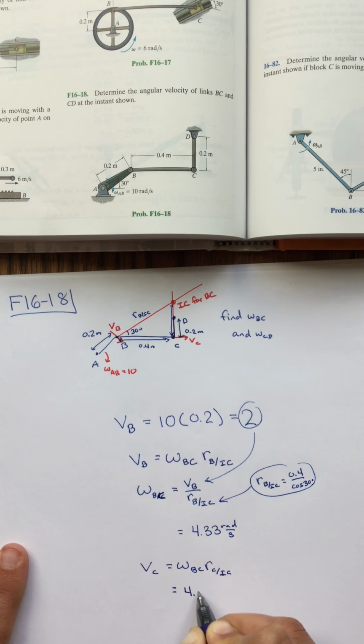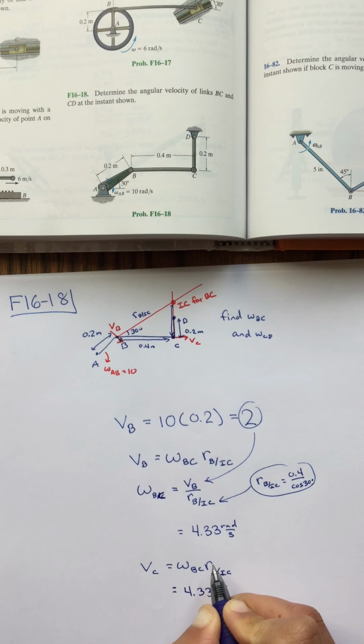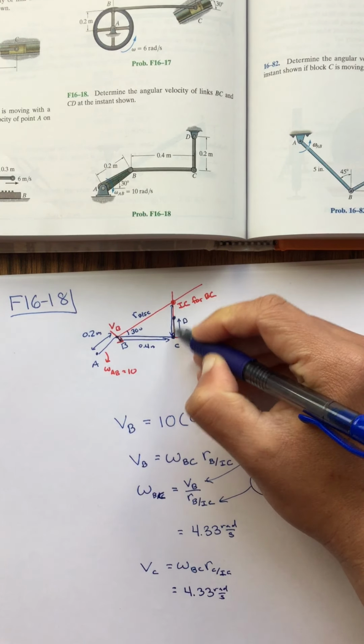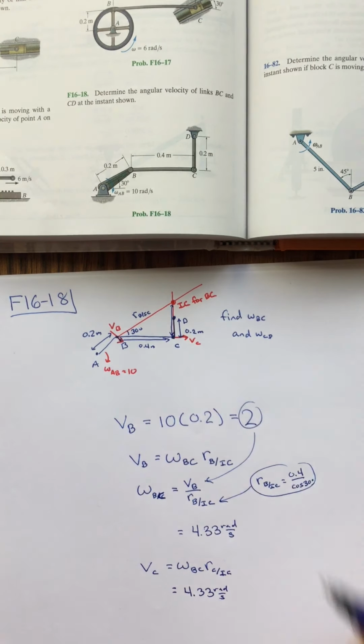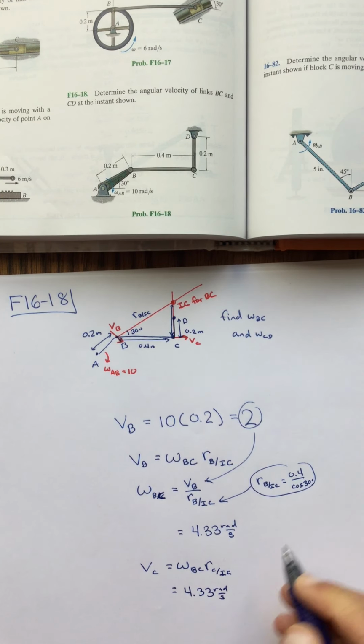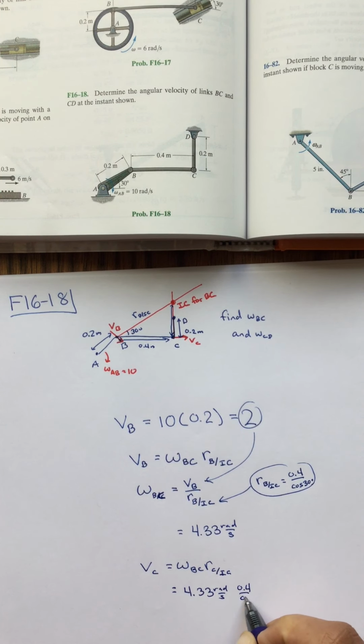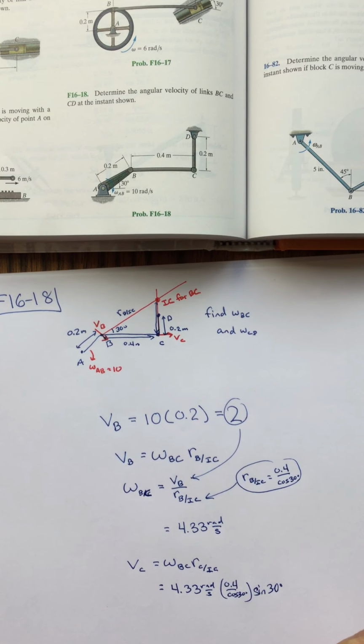So I have 4.33 radians per second times this distance here, which is the opposite side, if you're looking at this angle here. So that would be the hypotenuse. My hypotenuse is 0.4 over cosine of 30 degrees times sine of 30 degrees. And that gives me 1.00023 meters per second for the velocity of point C.